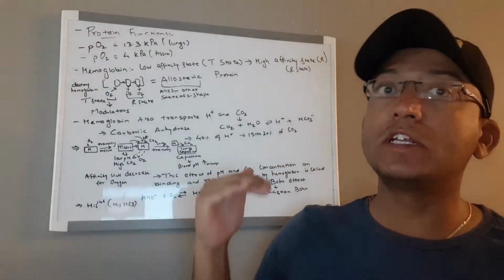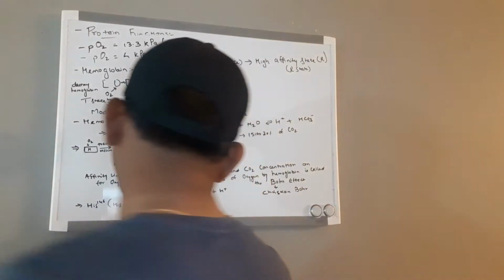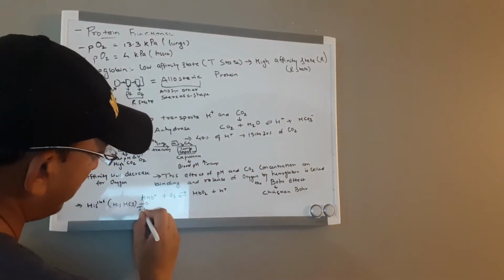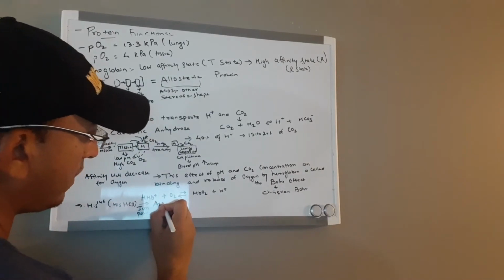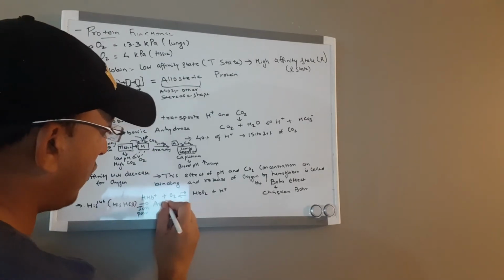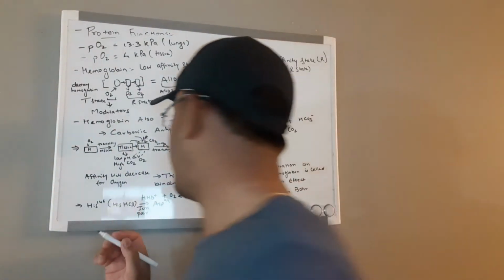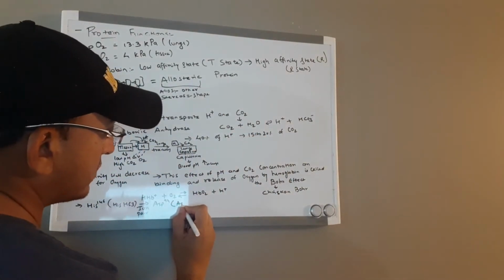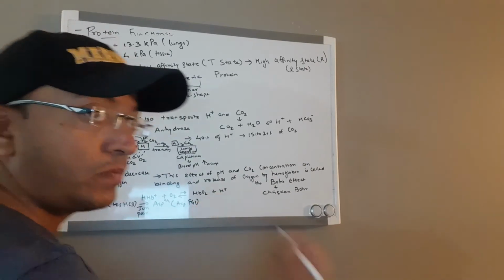When the hemoglobin is protonated, this residue forms an ion pair with ASP94, that is aspartic acid, which we can write as ASP FG1.